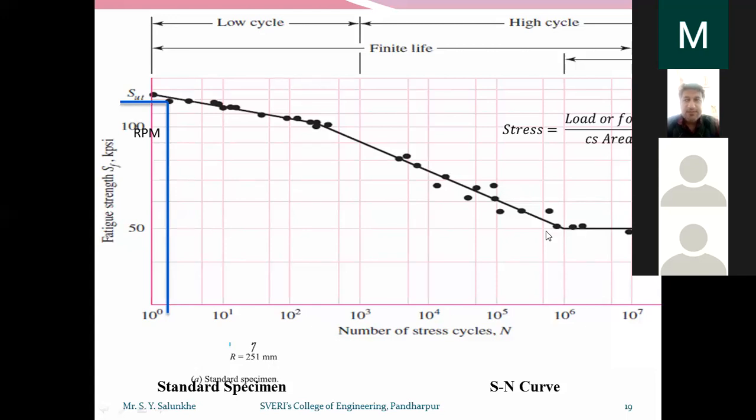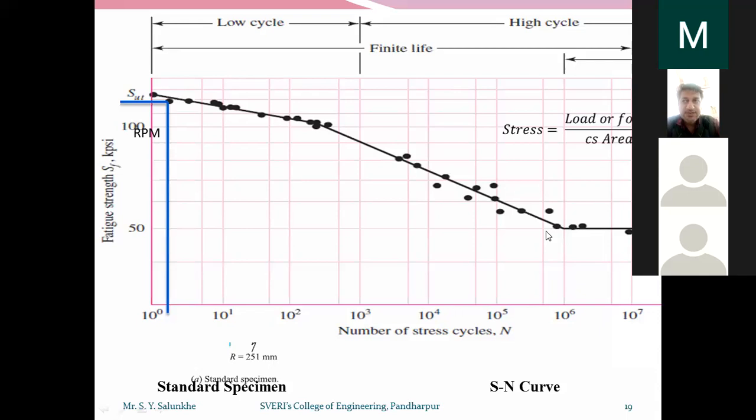Got it? If you invent some new material, and you want to know its properties, like nowadays the reinforced materials that we call composites. Invention is taking place in composite materials. In some composite materials you reinforce natural fibers, in some you reinforce carbon fibers.